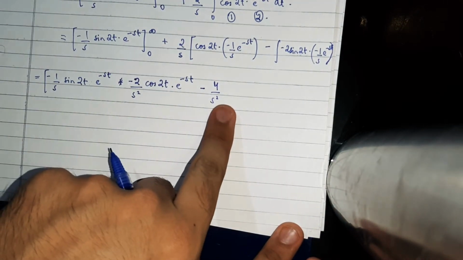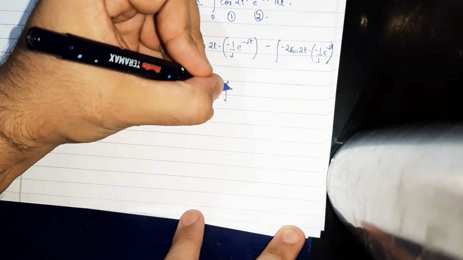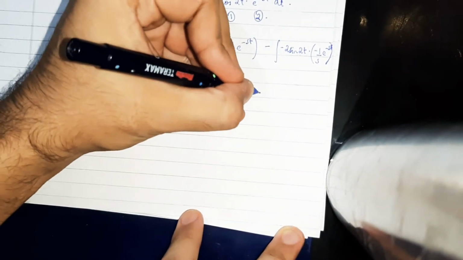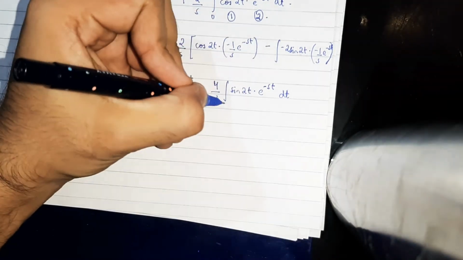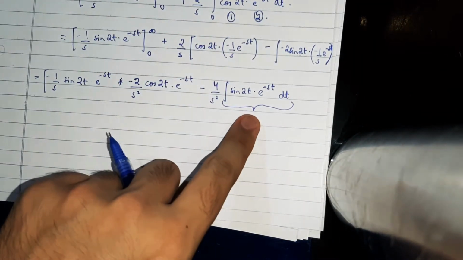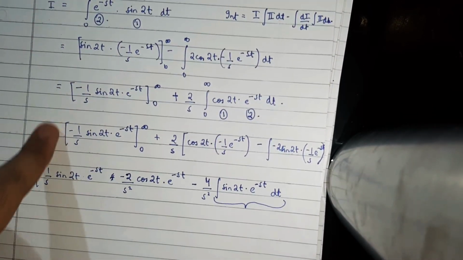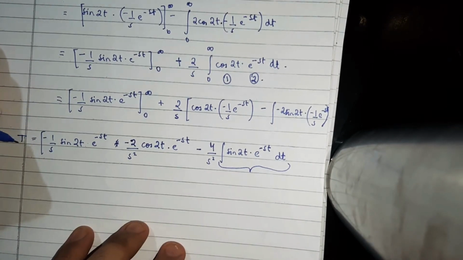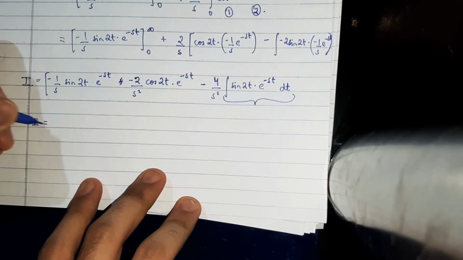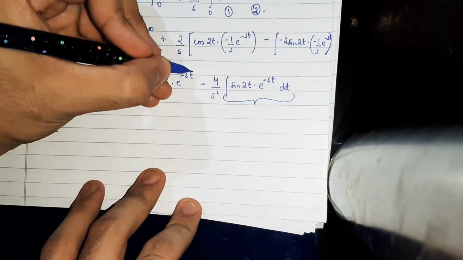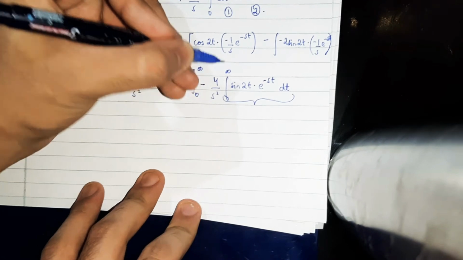Now after this, we'll be left with the integral of sine 2t times e to the power minus st. Now this integral is the very thing that we started off with, and we've taken it as I here. So all along these steps there is an I which I had not written up till now. Let me just write the limits in here, 0 to infinity.